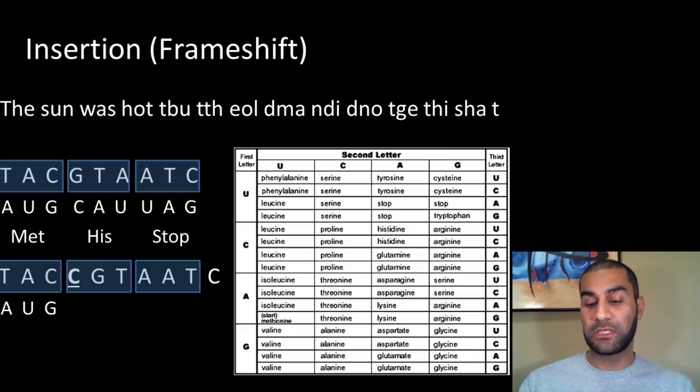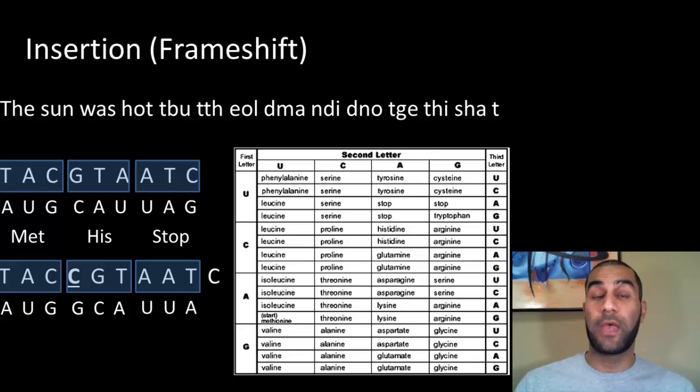So CGT, if you're following messenger RNA, would code for GCA. And then the third one, now it's AAT, which is different from the ATC. AAT now reads for a UUA. And then that C that we're now looking at the beginning of the next sequence would be switched to a G plus whatever else follows. So that next mRNA codon would start with a G when originally it could have started with something completely different.